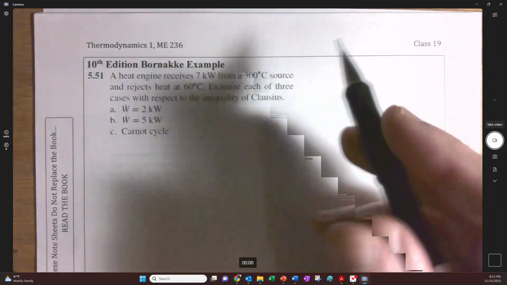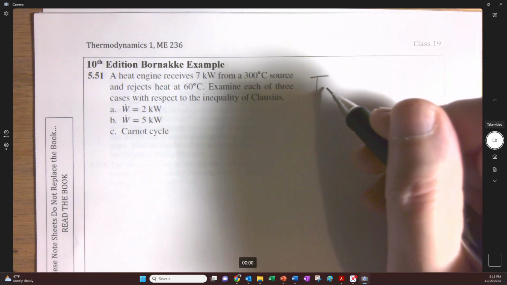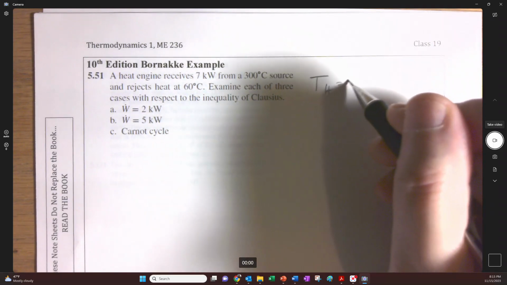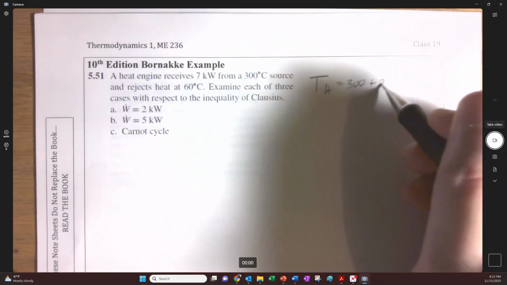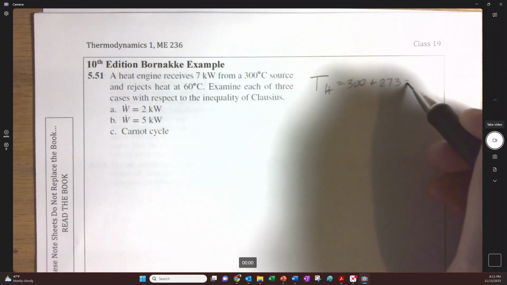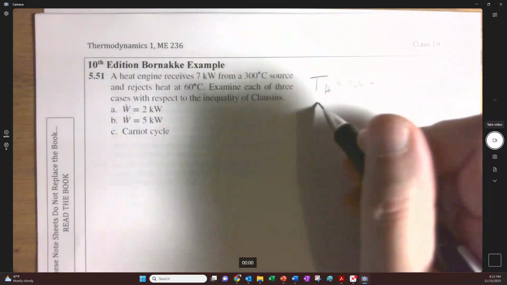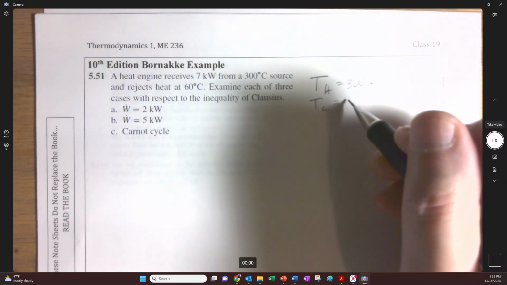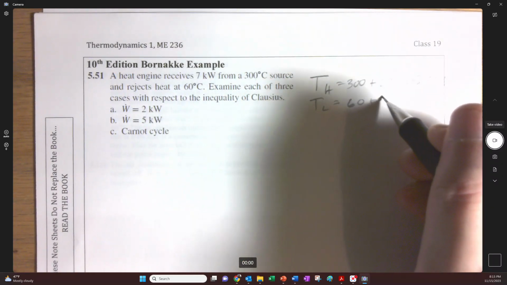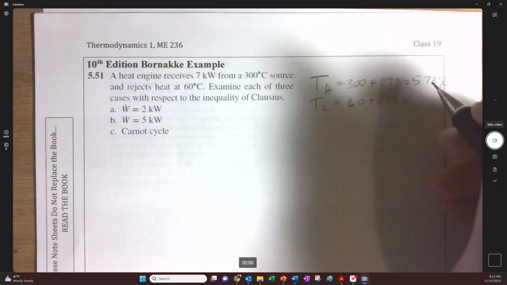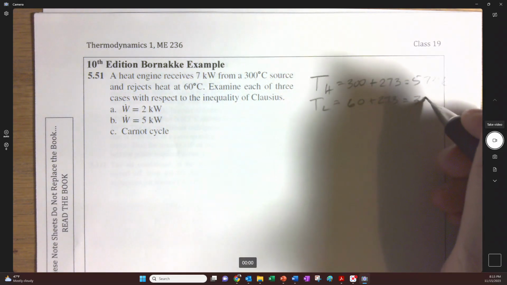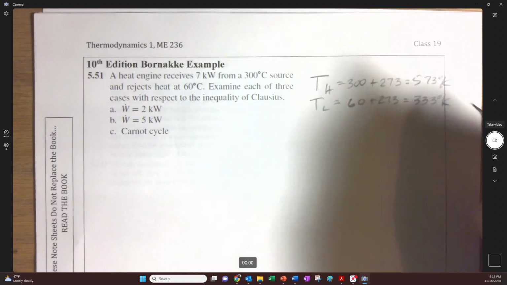We're given these temperatures. Let's go ahead and convert them. So the high temperature is 300 plus 273, which becomes 573 degrees Kelvin. And the low is 60 plus 273, which is 333 degrees Kelvin.